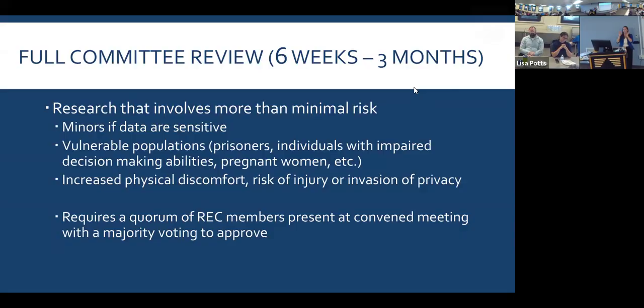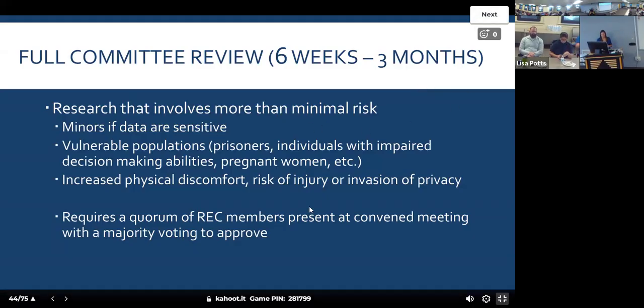So it is not a situation where if it involves children, it's automatically full board review. So make sure you're working with your student to look at the categories and understand which one applies to their project. We do have to have quorum in order to approve these.